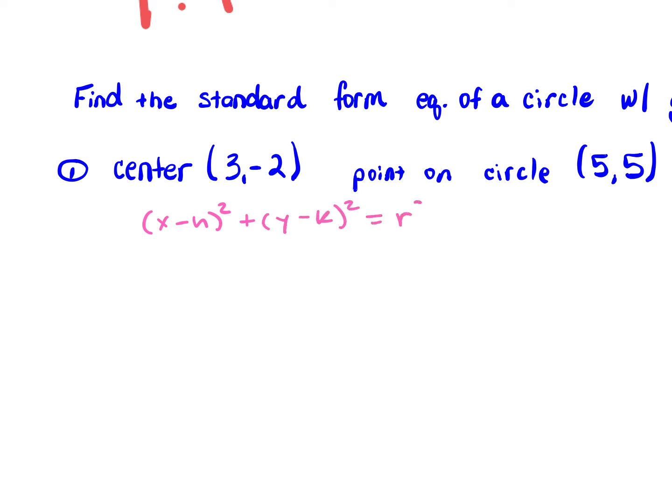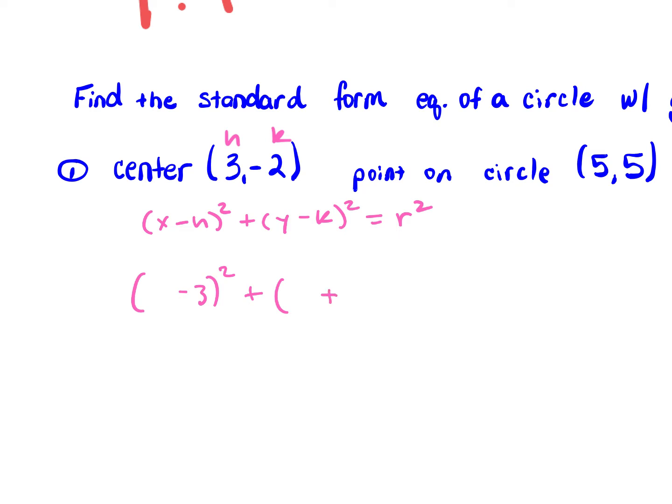Equals r squared. So I have my h and k. So I can plug those in. I don't have r squared. How can I find r squared? I can find the distance between the center and the point. So I could use the distance formula.